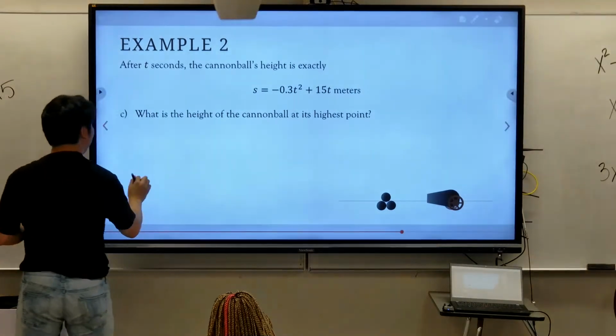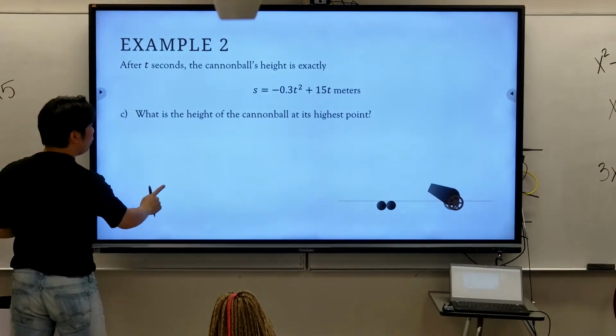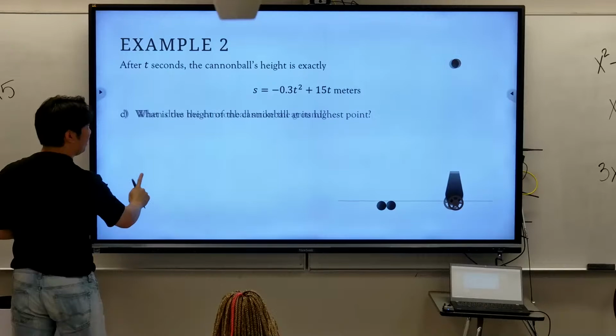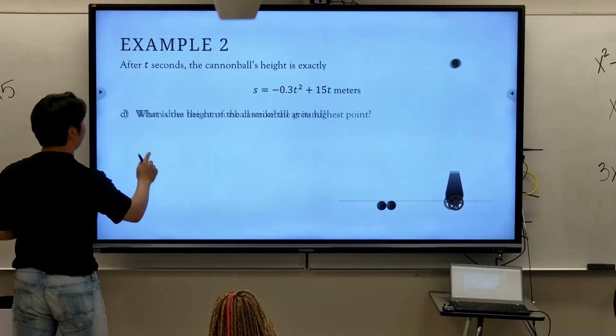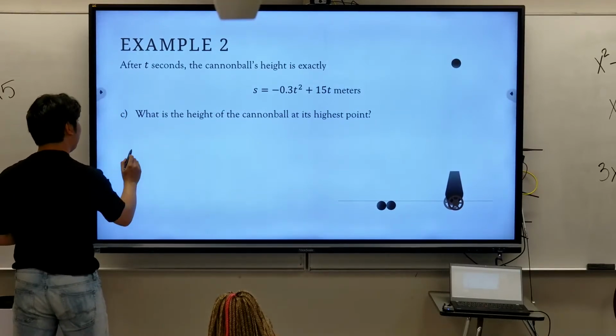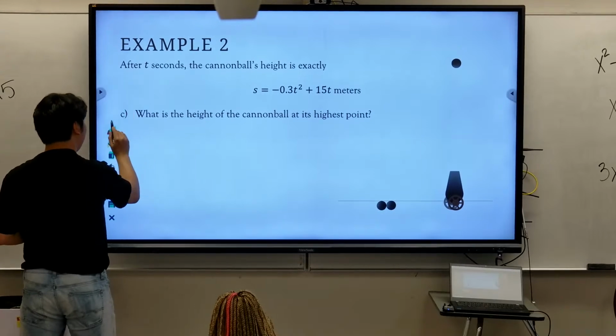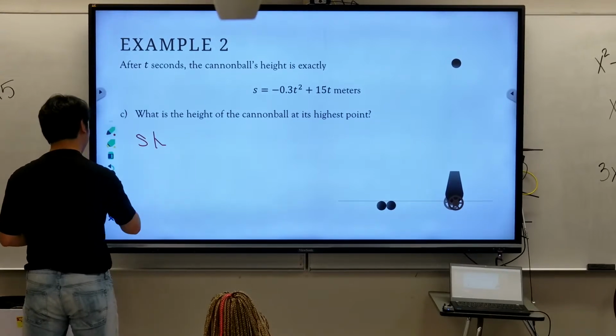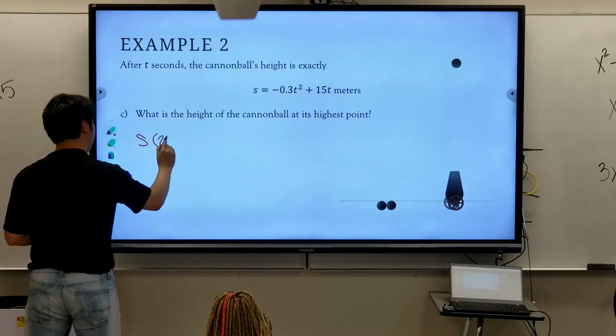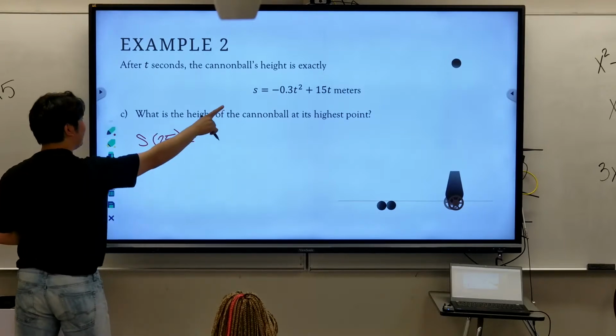And actually, let me go ahead and see if I can pull up part D so I don't have to go through this part again. Oops, nope. Add it on a separate slide. So we, like I said, s of 25. So I'm going to plug 25 in there.